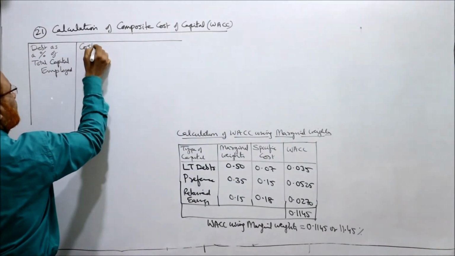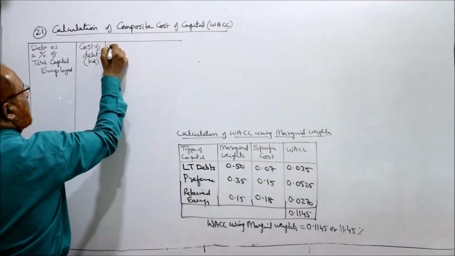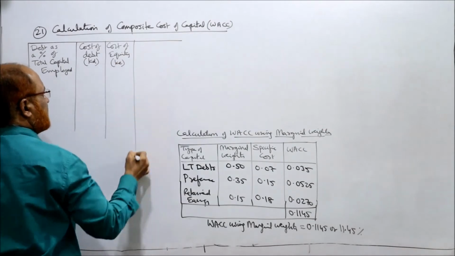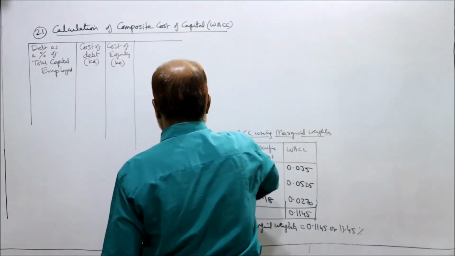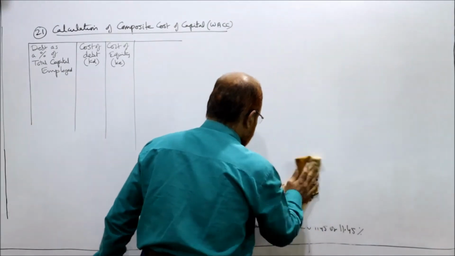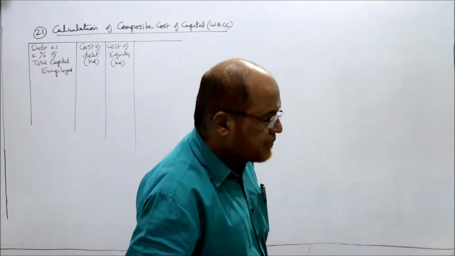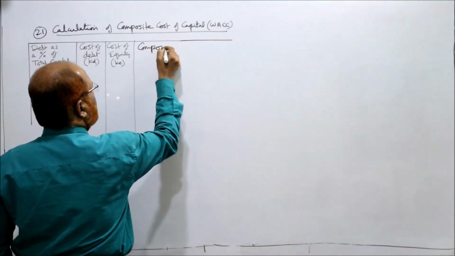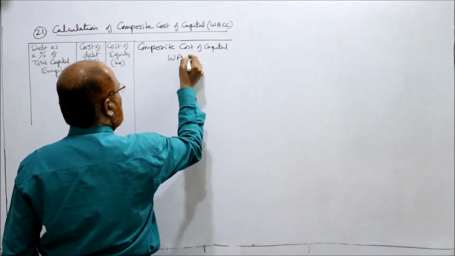Cost of debt. Cost of equity K. Then we have composite cost of capital. This is nothing but WACC.